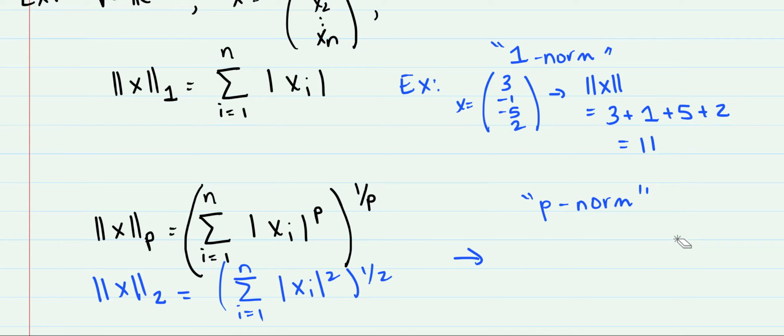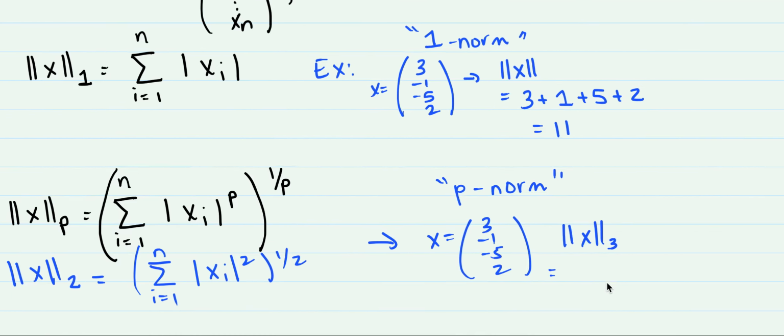But you could do other things like, let's take this vector here. x is equal to 3, -1, -5, 2. Then if we take the 3 norm, we're going to raise this to the 1/3, and we're going to have 3 cubed plus 1 cubed plus 5 cubed plus 2 cubed.